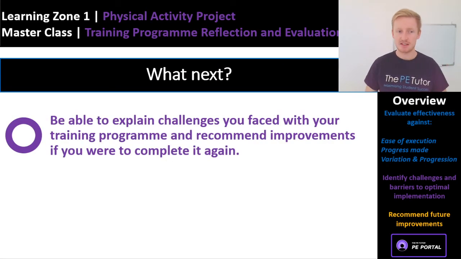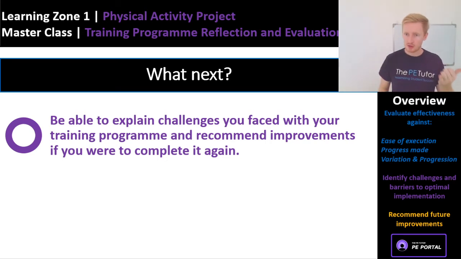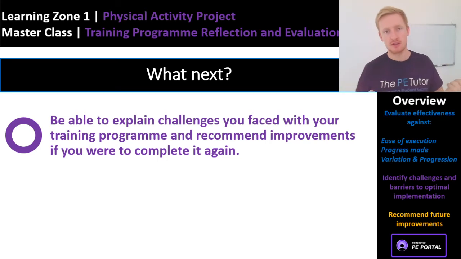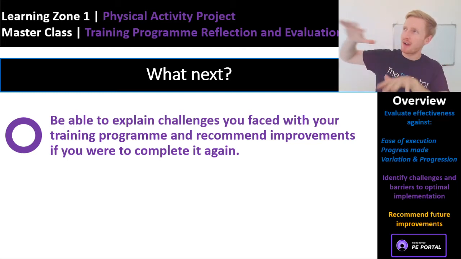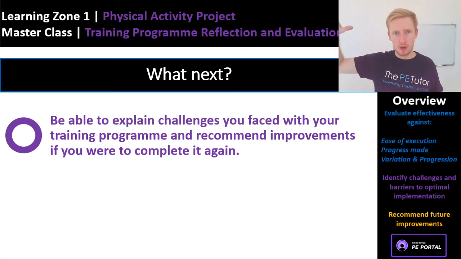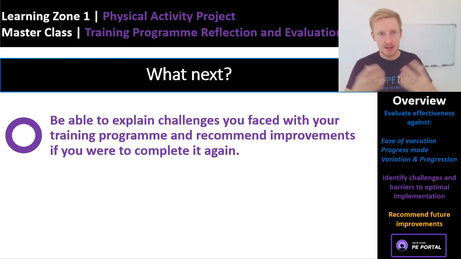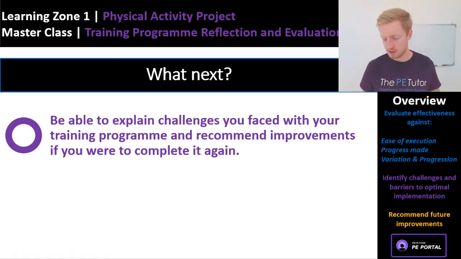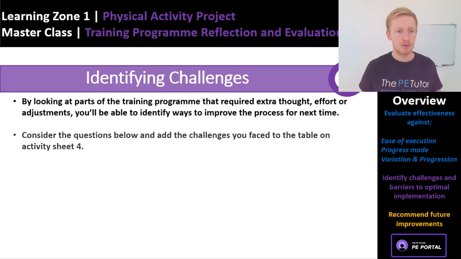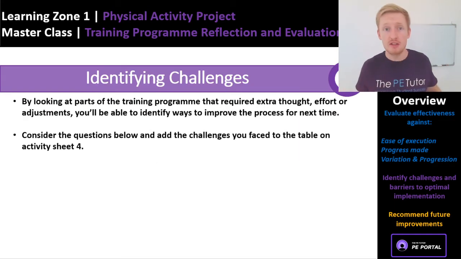So, next up, we've now looked at the effectiveness of our training program. We're now going to look at, well, what challenges or barriers were in place that led to your training plan not being optimal. What detracted from the level of implementation that you were able to achieve? So the first thing we need to do is identify the challenges.